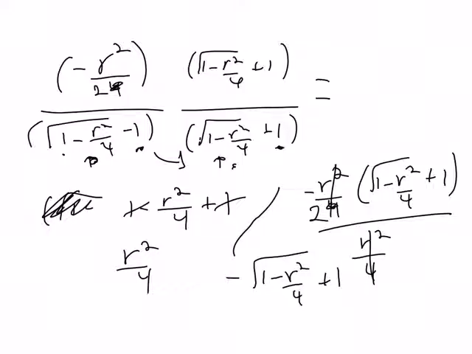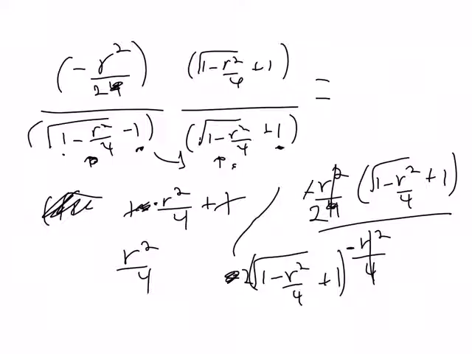So what's going to happen? You're going to be left with 2 times this over here. And over here we had a negative, so the negative vanishes; there's no negative over here.